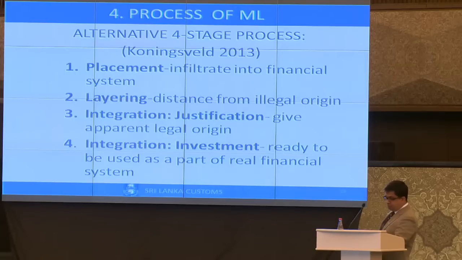The justification means they give an apparent legal origin to their criminal proceeds. After the justification, they have already laundered their money, and the money is ready to be used as a part of the real financial system and to invest in to get more benefits.